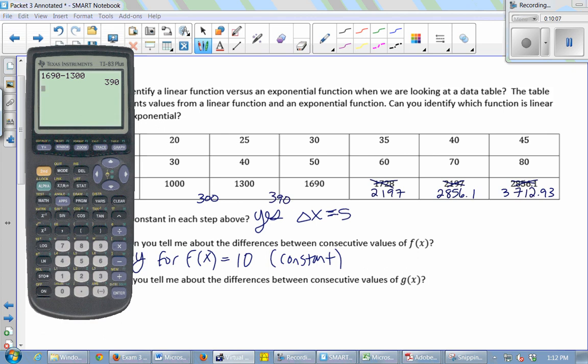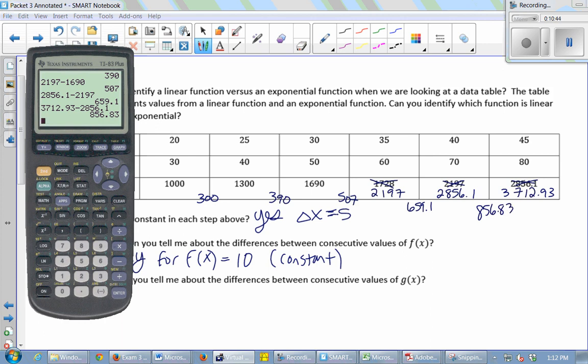So I'm just looking at the difference between the successive numbers. 2197 minus 1690, and I get 507. 2856.1 minus 2197, 659.1, and one more, 3712.93 minus 2856.1, 856.83.